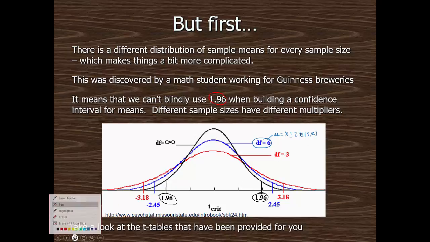And for degrees of freedom 3, sorry, I'm just going to write this out. Mu equals x bar plus or minus 3.18 times standard error. And you can check that out on your t-tables and just confirm that those values are the same.